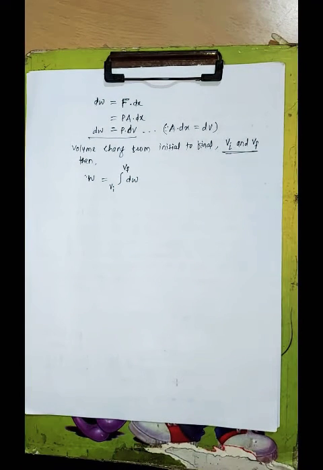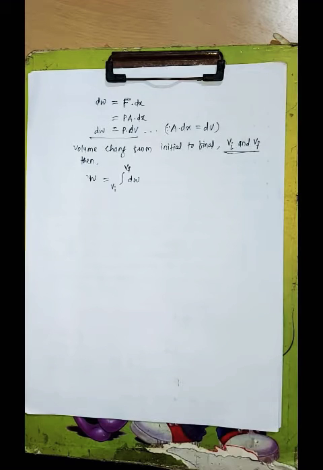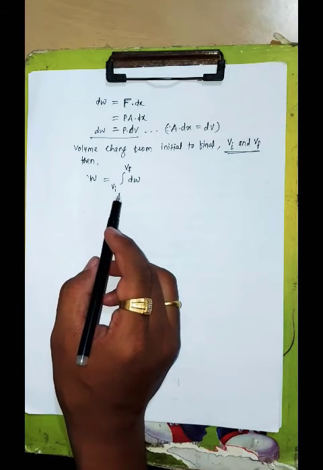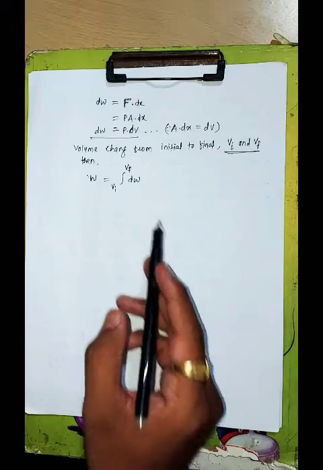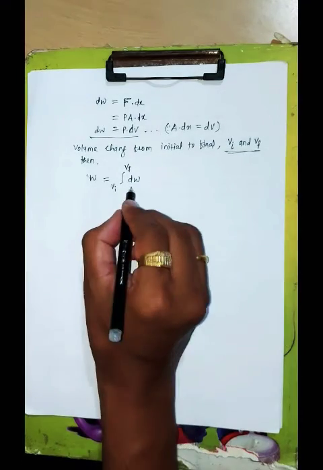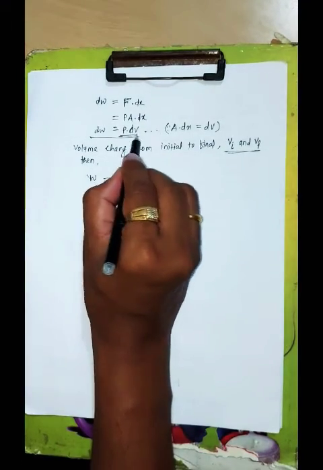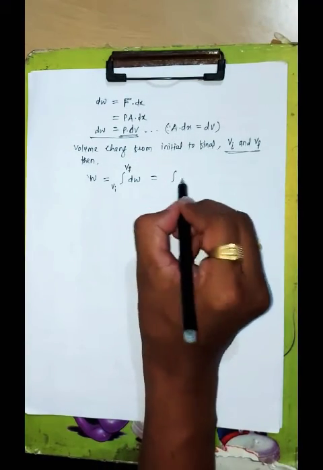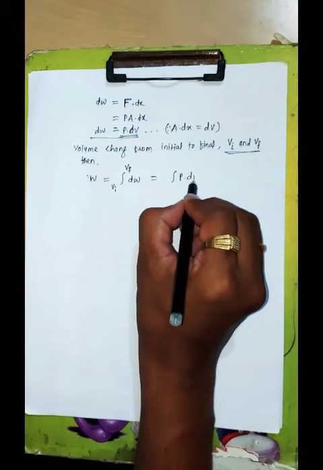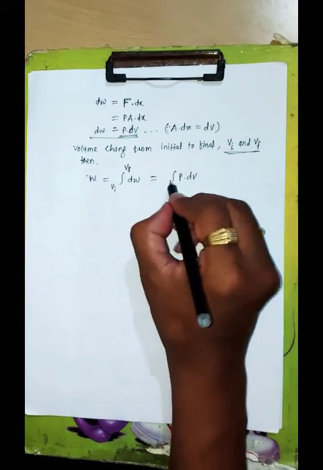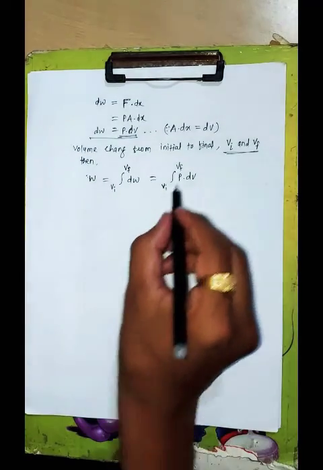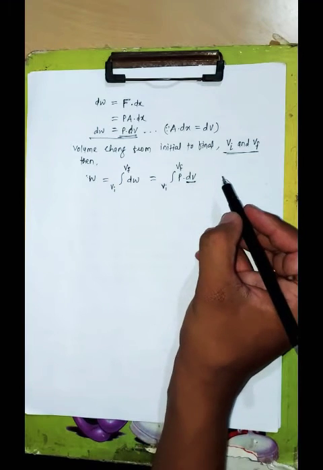Okay, so this is the finite volume that will change from VI to VF. Then this work done is given by the definite integration from VI to VF of dW. So where the value of dW is P into dV, if we put that value in that particular equation, we get the integration of P into dV. Okay, that will be limit goes from VI to VF. In that case, what is dV? dV is the change in volume.